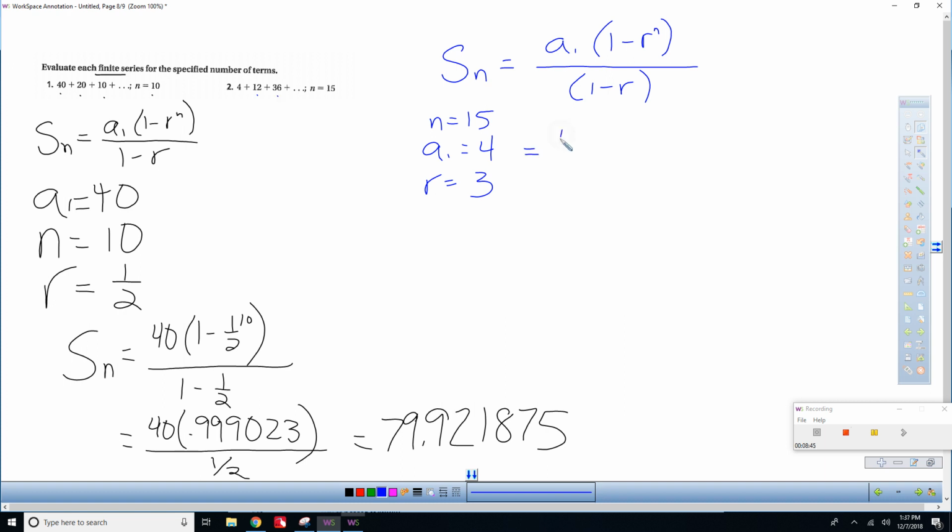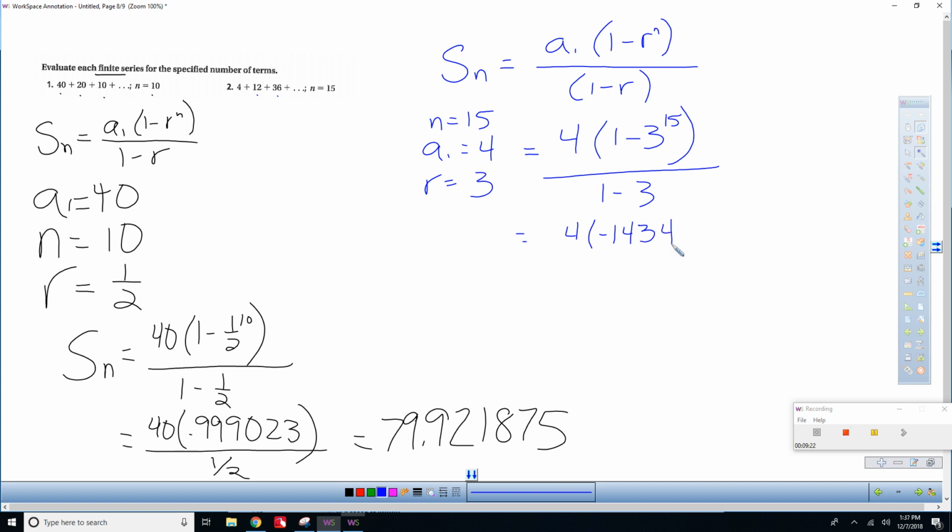So it's equal to 4 times 1 minus 3 to the 15th power all over 1 minus 3. Alright, so what is 1 minus 3 to the 15th power? So it's 4 times negative 14,348,906.